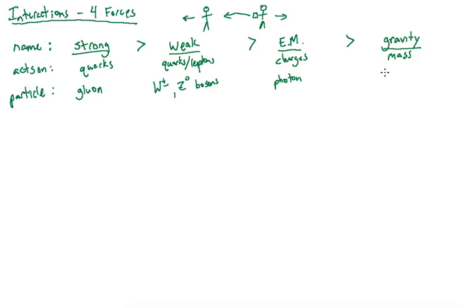Nobody's ever found any evidence of this, but if they did, it would be called the graviton. And it too would then be a boson as well. But we're going to put a little question mark there because this guy's never been found. No one's ever detected it or found it.